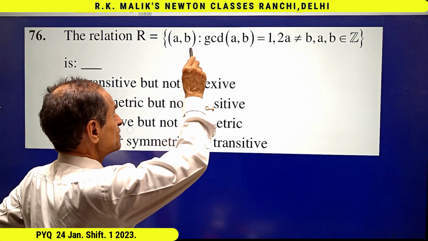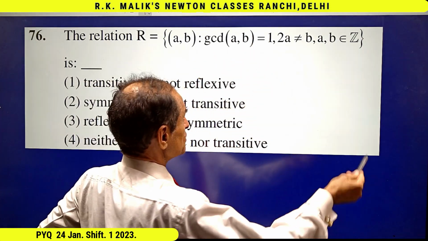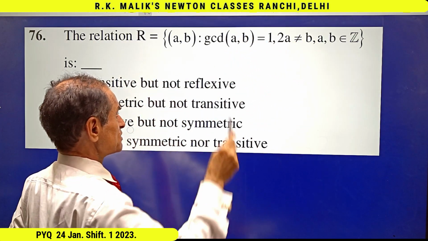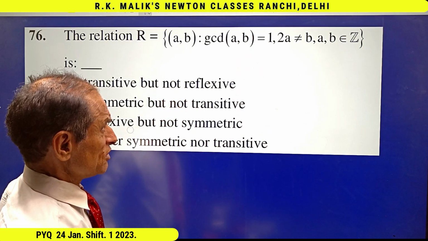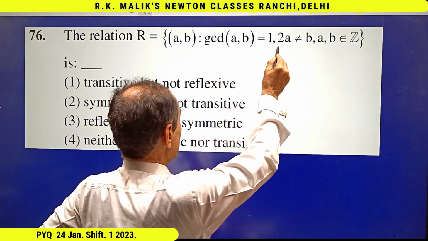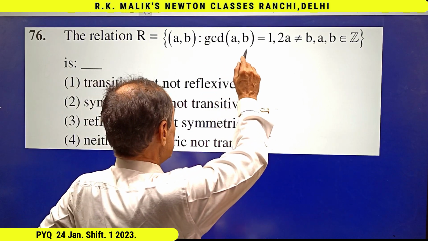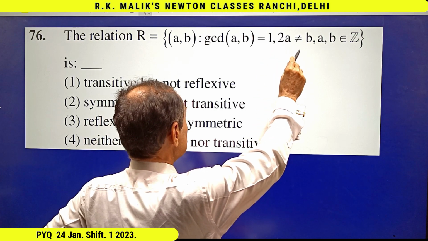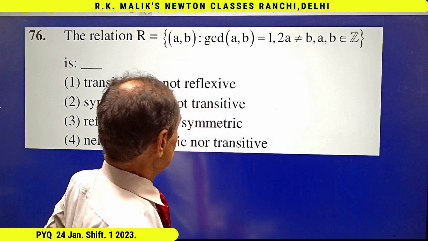It is clear that when it is written that GCD of A and B is 1, then this condition is automatically true, except for the case where at least one of them is 1 or minus 1. In all other cases, if GCD is 1, then automatically 2A will not be equal to B. If none of A and B is 1, and 2A is equal to B, then GCD will be at least 2.